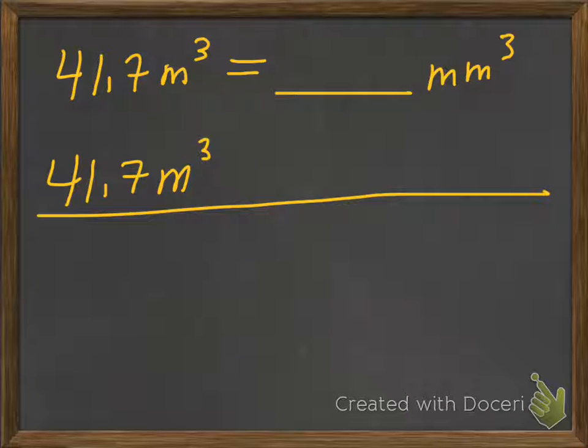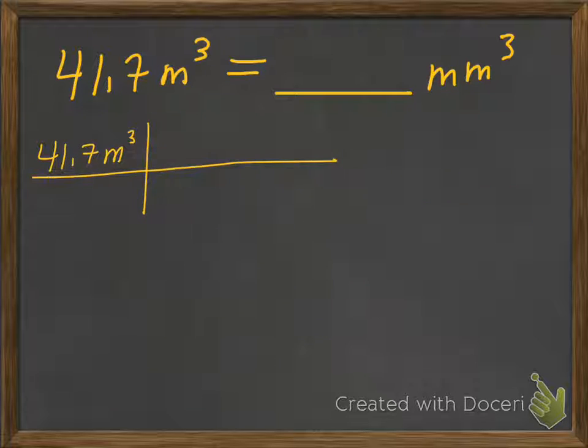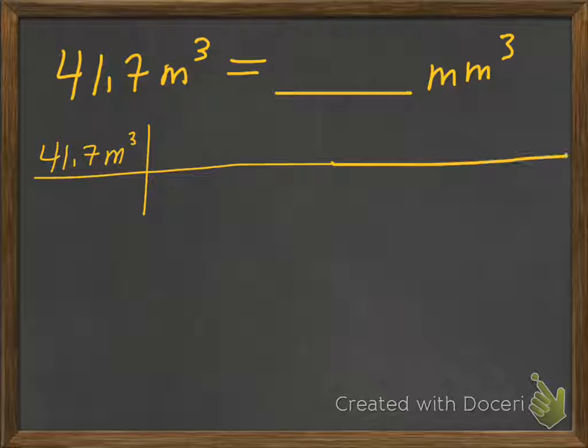So I know that I want to start there. I'm going to shrink this because I'm going to need a lot of space. Well, I know that there's a relationship between cubic meters and cubic millimeters.